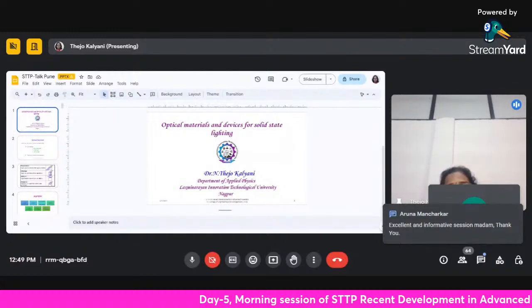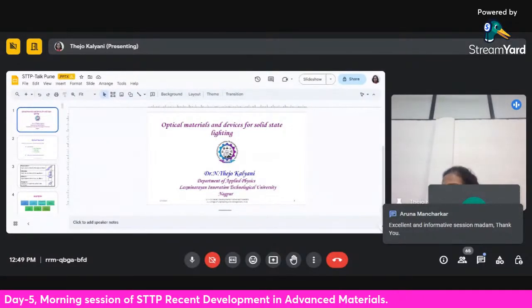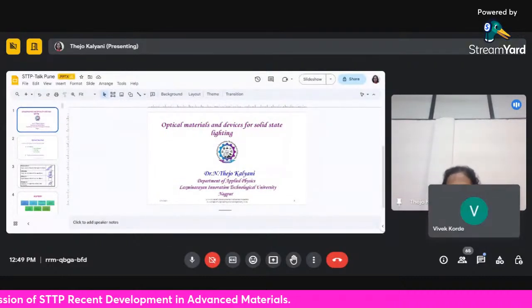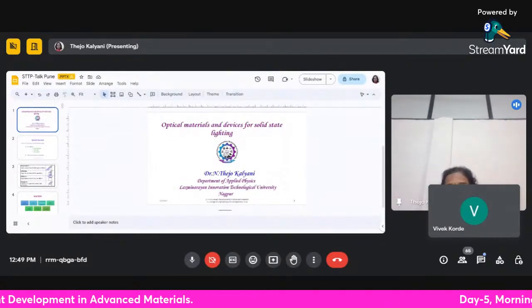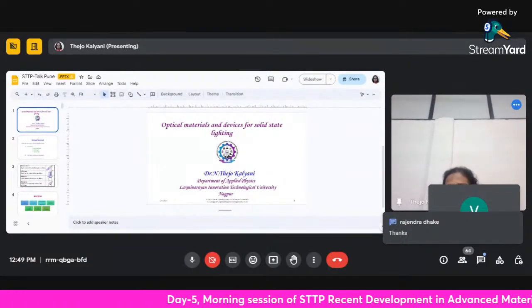But on a small scale, the OLEDs are already there. On mobile screens also, we have OLED screens, and watches also we have OLED screens. But only for smaller surface areas they are applicable right now.